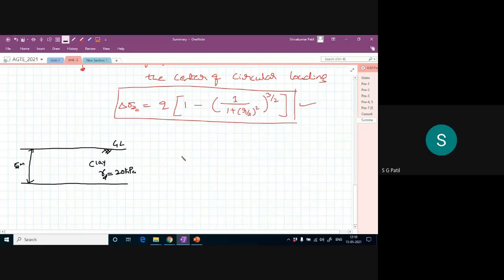Now you tell me what is the stress present at this level. That is sigma V naught dash, which is simply 5 into 20, around 100 kilopascal.